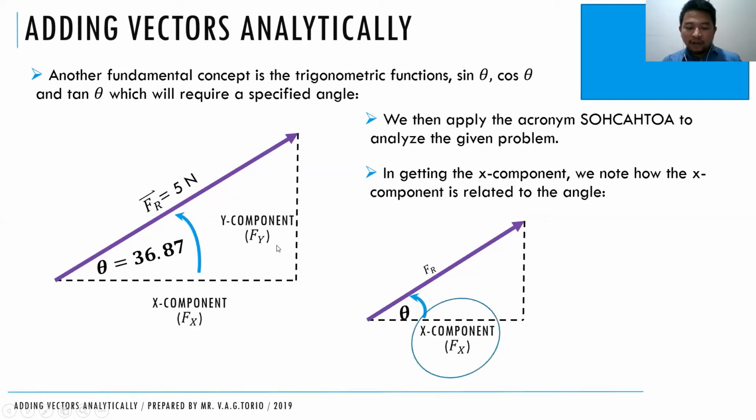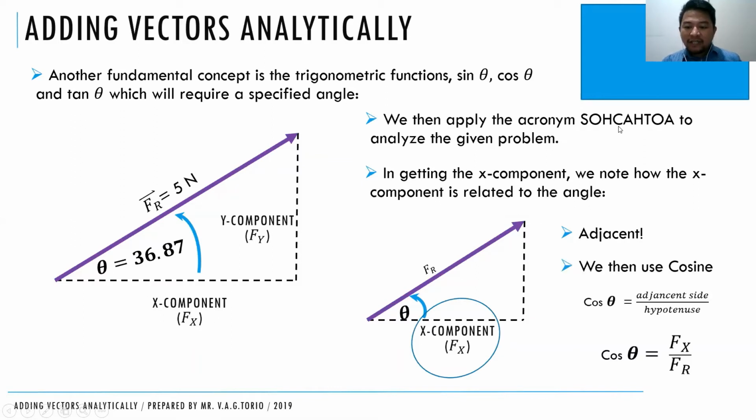So first, we can determine the value of the x component, that is f sub x, by using the relationship between the angle theta and the x component. The relationship is that the angle theta is adjacent to f sub x. Since it's adjacent, we recall our mnemonic device, SOHCAHTOA here. That's CAH. That is, we use the trigonometric function cosine.